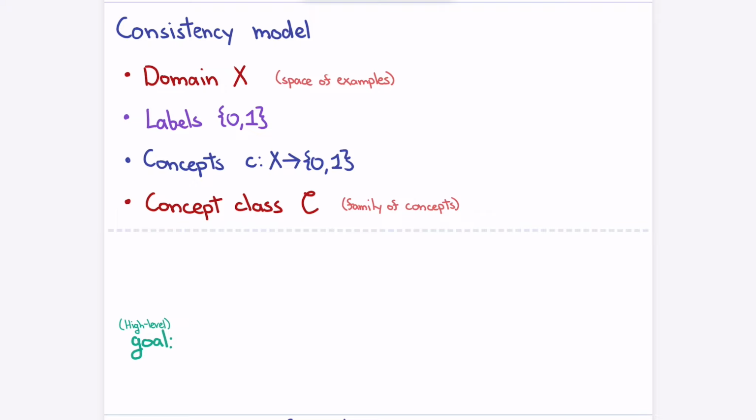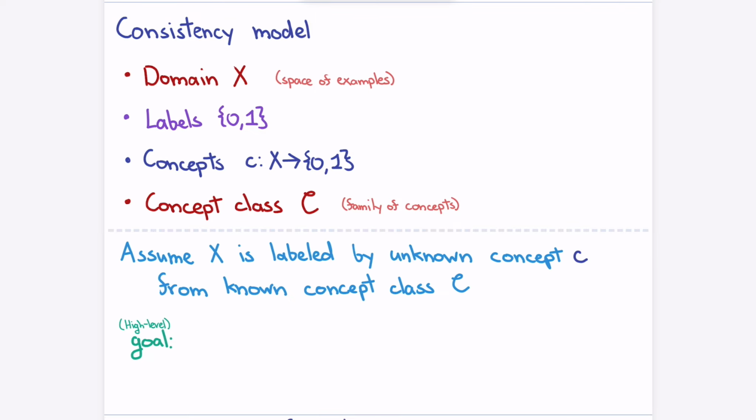Certain labelings, I'll give some examples in a moment, are somewhat limited. In this model, you assume that X, which you could think of as a finite set or maybe even a distribution, but let's say it's finite, is labeled by some concept, but you don't know it.